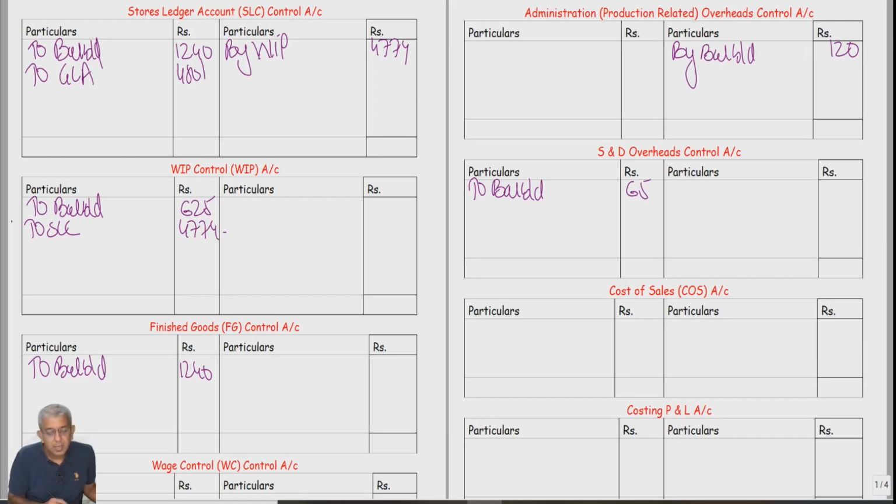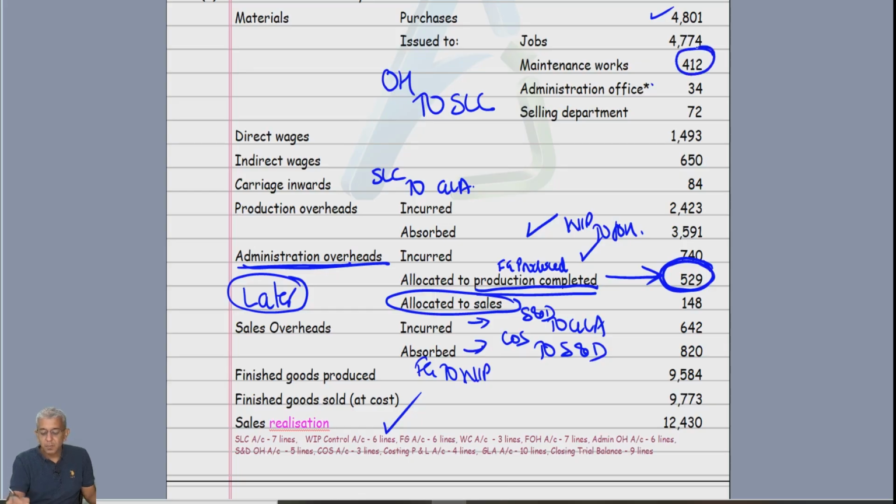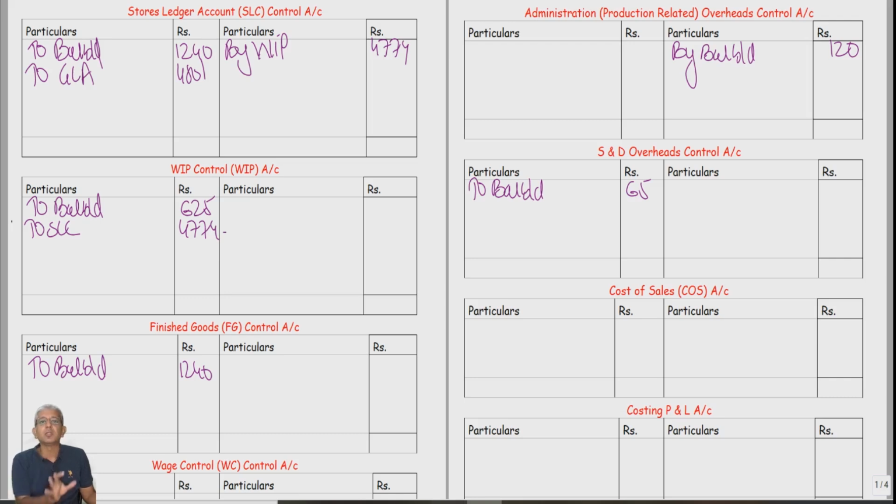Then, last time I'm asking you all, maintenance of works means you are issuing the materials for factory overhead, for cleaning of the factory and those things. Maintenance of works means the maintenance of the factory, so it should form part of factory overheads. By FOH, I am writing three entries now, one below the other. By administration related to production 34.